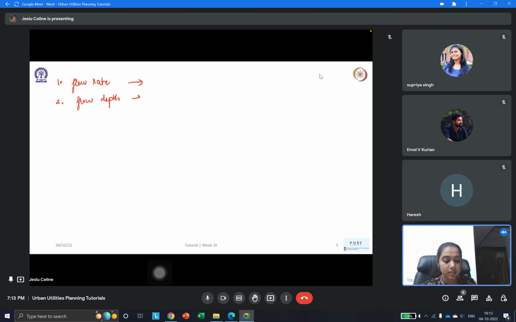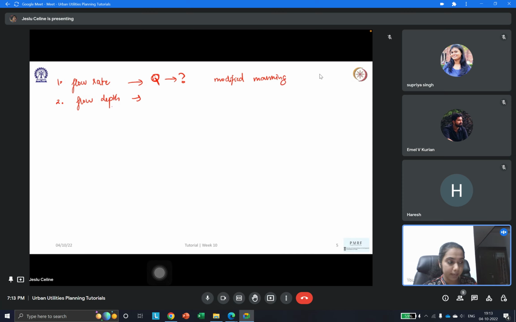This is a derived portion, a modified Manning's equation, which we have learned in the lectures. So we will use that equation to find Q, the flow rate.